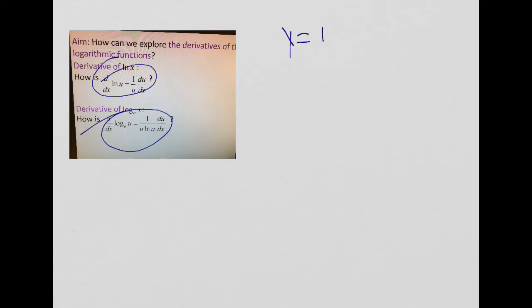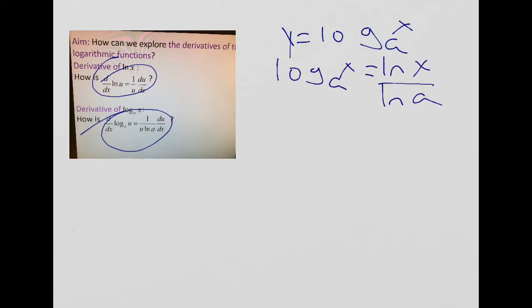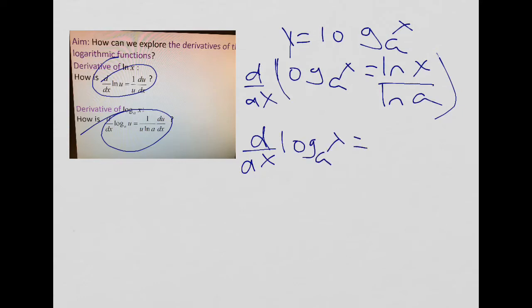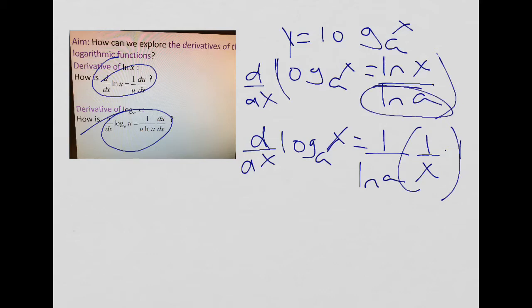So y equals log base a of x, and log base a of x is actually the ln of x over the ln of a. That's your change of base rule. So the derivative of this with respect to x, we get 1 over ln of a times 1 over x times 1. Basically, we're pulling this out. This would be a constant, ln of, let's say, 2 or ln of 3.